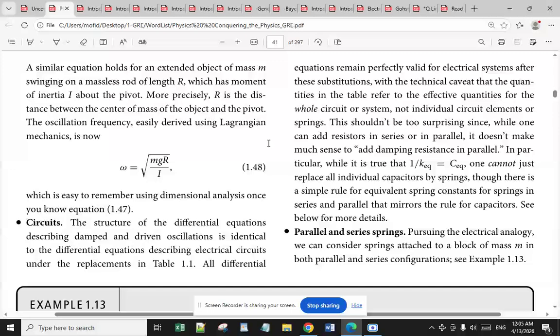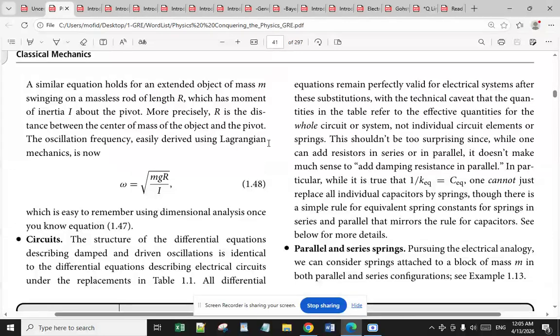Now I want to go through another example, which is circuits. The structure of the differential equations describing damped and driven oscillation is identical to the differential equations describing electrical circuits under the replacement in table 1.1.